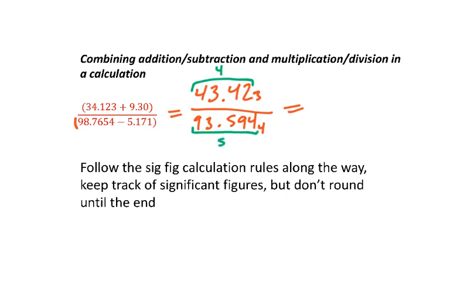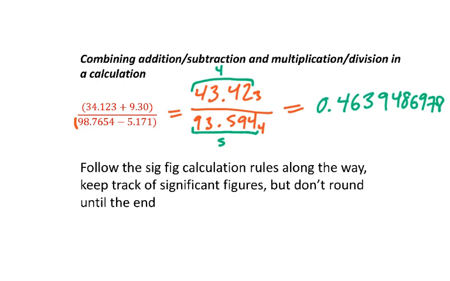This one has 5. So my final answer will have 4. But using the whole number, or the complete number, I get 0.4639. And I'm just going to keep going. 463948697 is what my calculator says.